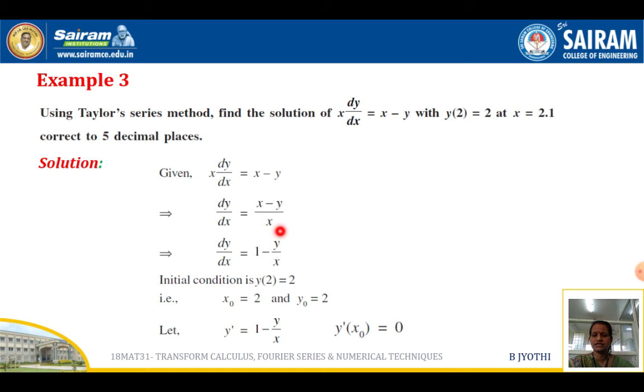Let us bring it to the right hand side and simplify so that we get dy by dx is equal to 1 minus y by x. But here the initial condition is given as y of 2 is equal to 2. Therefore, x naught is also 2 and y naught is also 2. And y dash is given by 1 minus y by x, and y dash of x naught is given by 0.